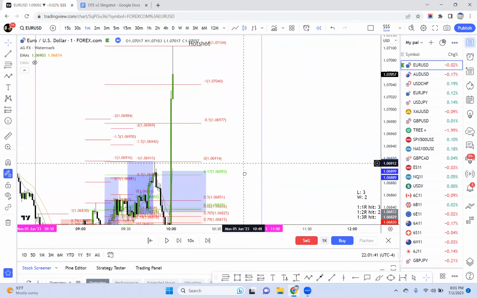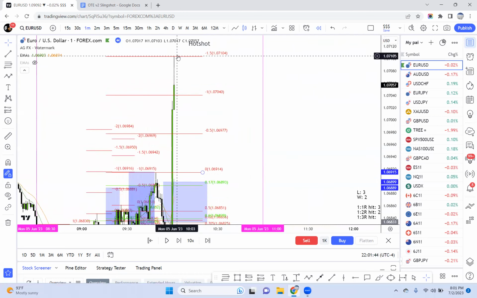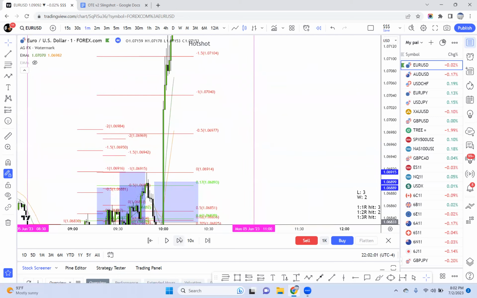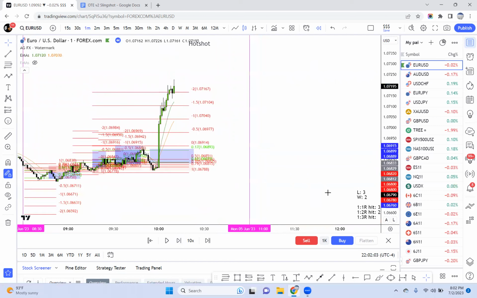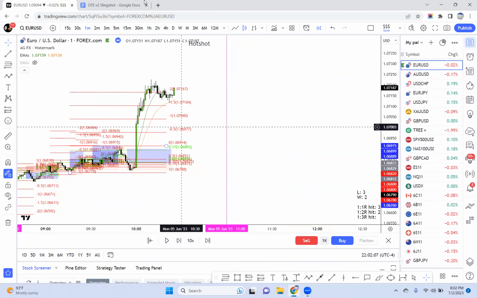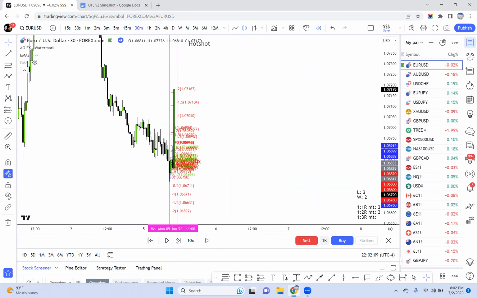That's amazing. Look at how accurate it is hitting the levels to the T, because this level is 104 and this candle's high was 103. It was just 1 point off, barely. But this is how you trade the 1 minute, you guys. So let's go to the next day.